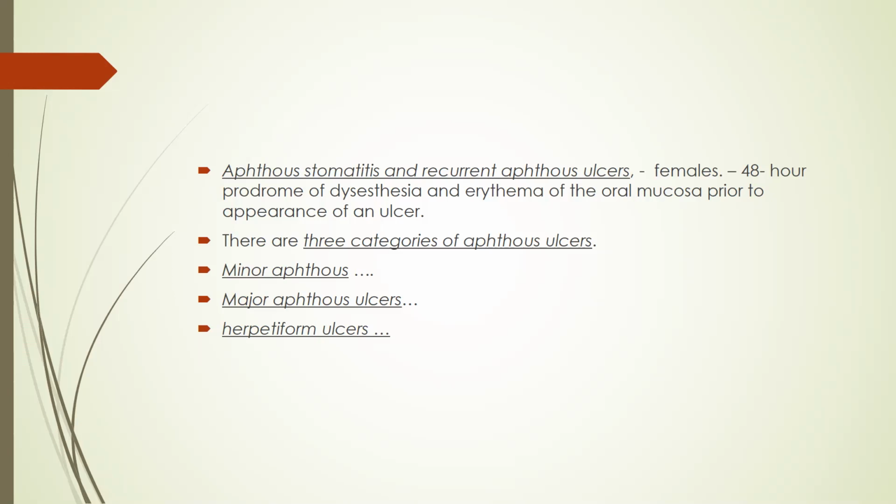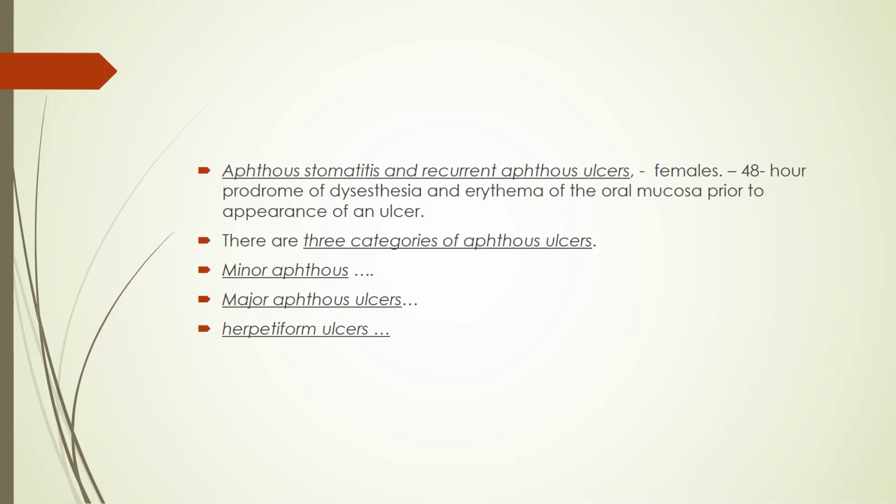Next one is the herpetiform ulceration. Herpetiform ulceration is less common as compared to the above two, but there are multiple painful lesions. Here the lesions are pinpoint as compared to the other two. These are small and pinpoint, and they merge to form a large irregular ulceration, and can occur anywhere in the oral cavity.